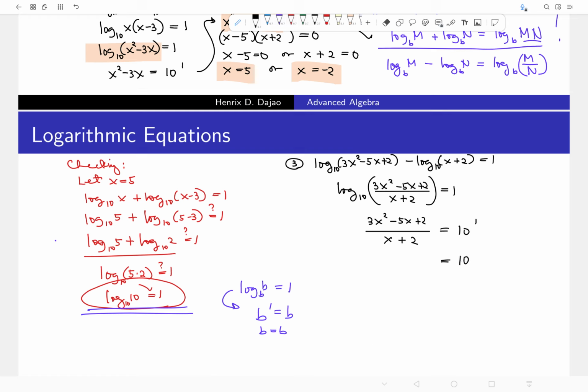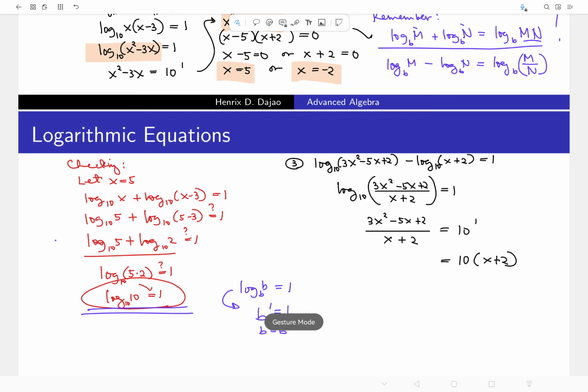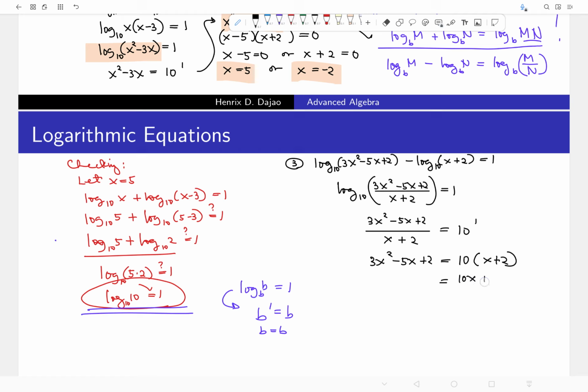So that's 10 multiplied to x plus 2 by using cross multiply. So this becomes this, and we have 1 multiplied to this expression, so we are left with 3x squared minus 5x plus 2. We're going to solve a quadratic equation. So 10x by distributive, and eventually this will become a quadratic equation.